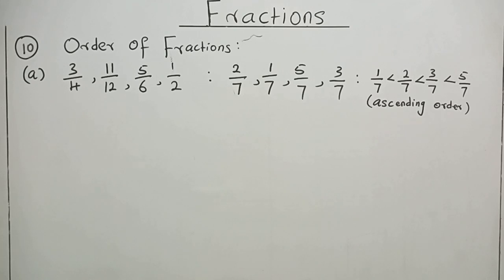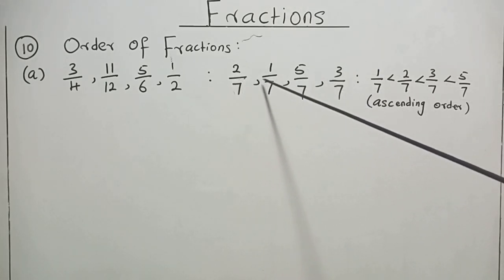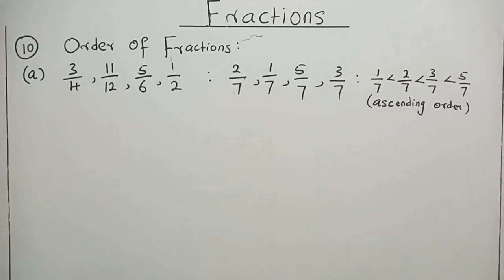Again, I ask, why was it easy to arrange these fractions? The answer is that each of the fractions, each of the portions was picked out of the same 7 portions. Therefore, it is easy to arrange fractions that possess the same denominator.